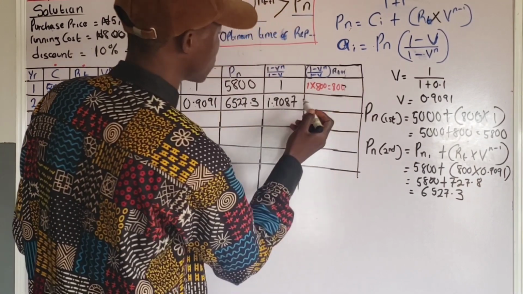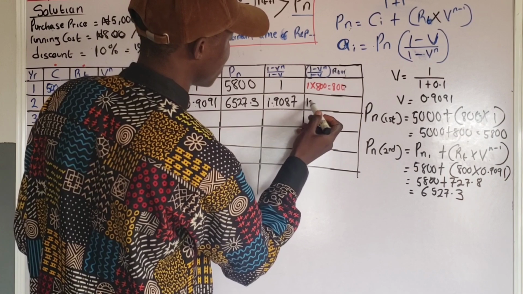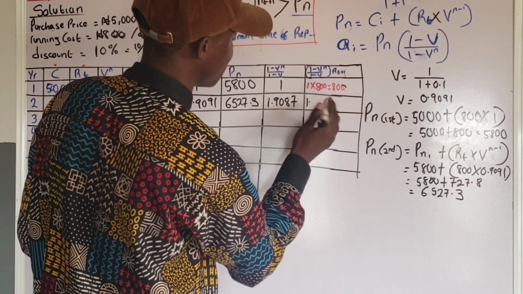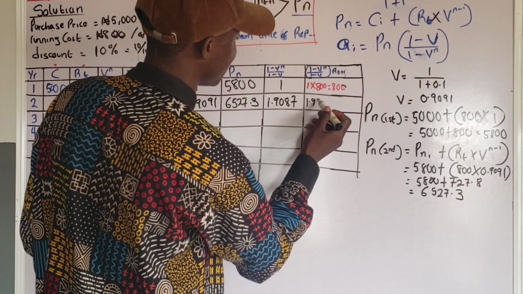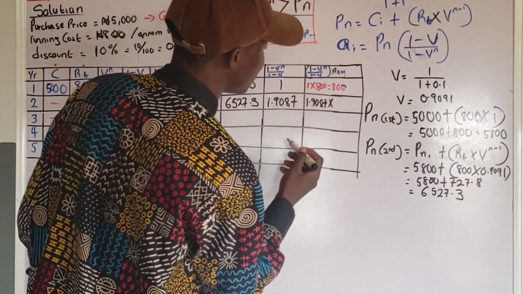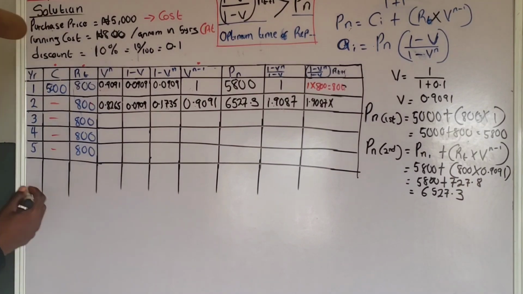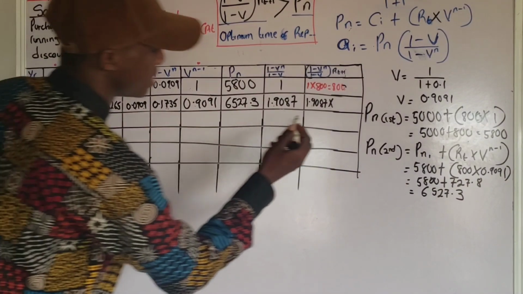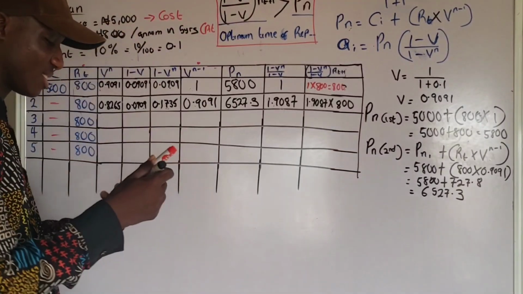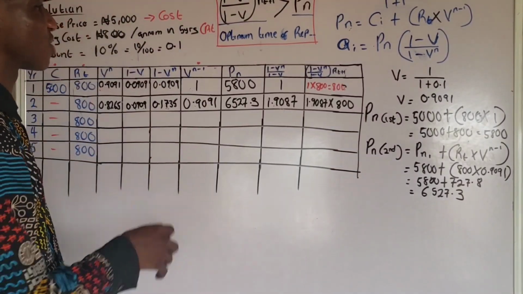So here I'm going to have 1.9087 multiplied by the maintenance cost of the third year, that is 800.